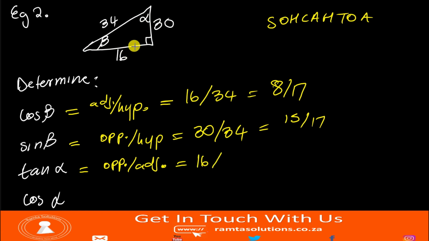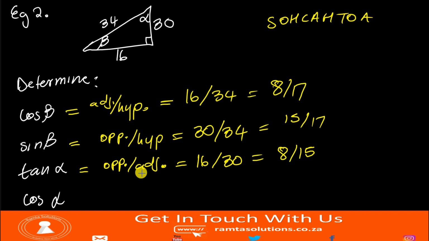Which one is adjacent? Please note, the one that's adjacent to alpha is this one here, which is 30 units. Therefore, if I simplify it, it looks like 8 over 15. Yes, this is 8 over 15. Remember what I had said. These are relative to the angles.